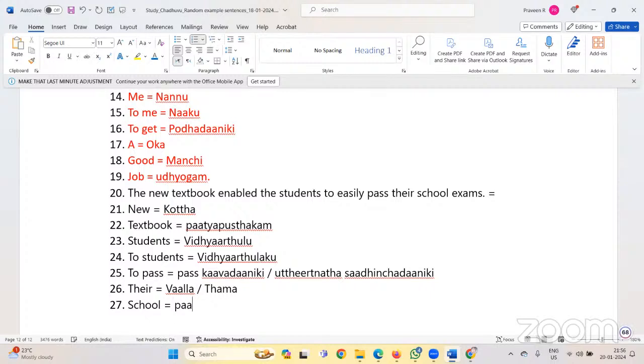School means pathashala. Exams means parikshalu. Okay, this is a very lengthy sentence, but it will help you to make sentences. Just try. Okay, and let me see if there are any other things. Okay, easily means sulabhanga.